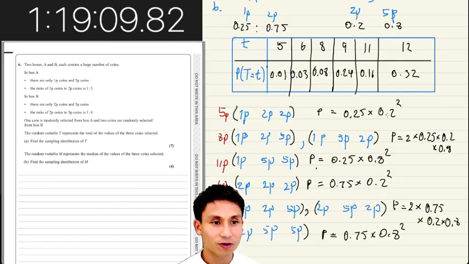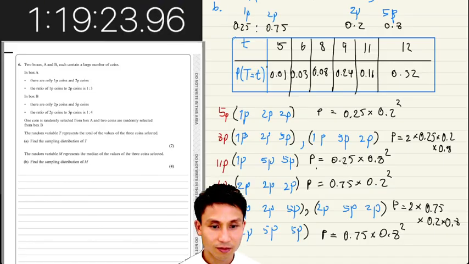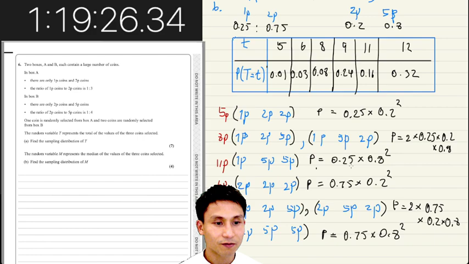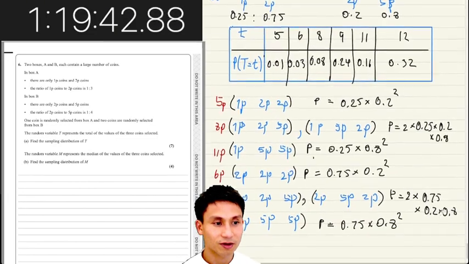Okay, so 0.25 times 0.2 squared, 0.25 times 0.2 times 0.8 and 2 times, for the 11, yeah, 11 is 0.25 times 0.8 squared. Yeah, that's fine. 222, 0.75 times 0.2 squared. 225, 2 times 0.75, both of that.